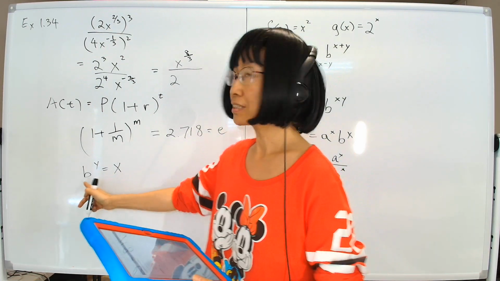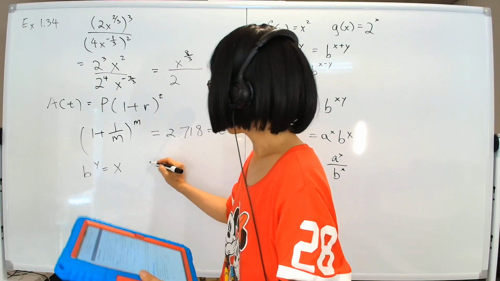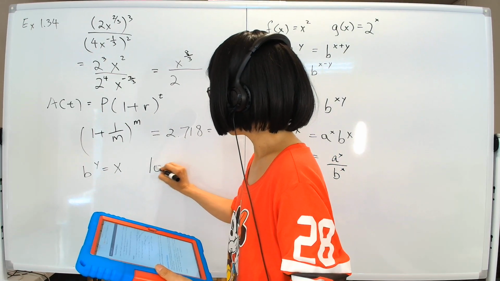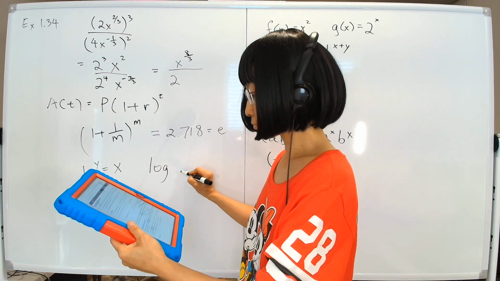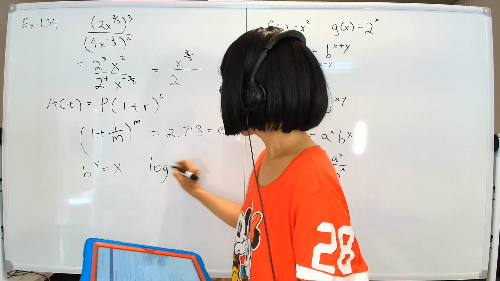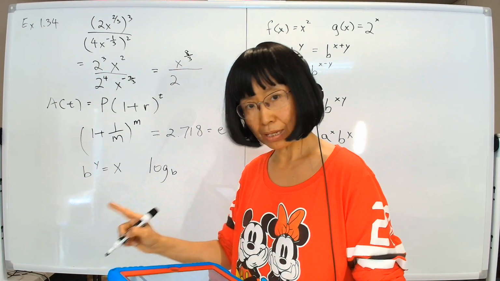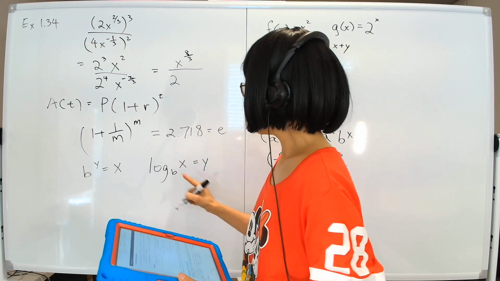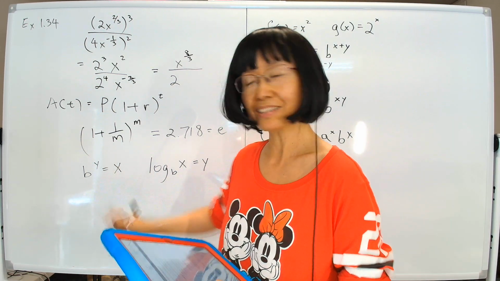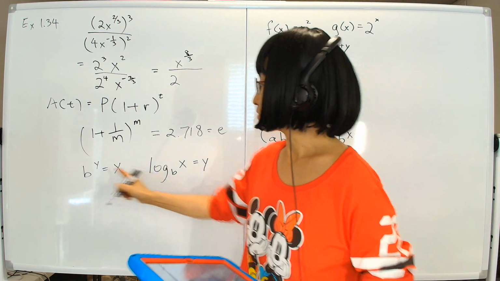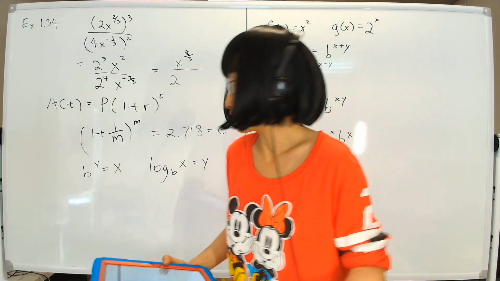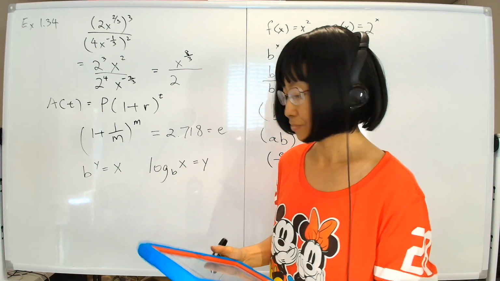There's another way of saying this: if this is true, then we say log base b of x equals y. This is what this means. It's just another way of saying this. And why are we doing this? There are convenient reasons why we're doing this.